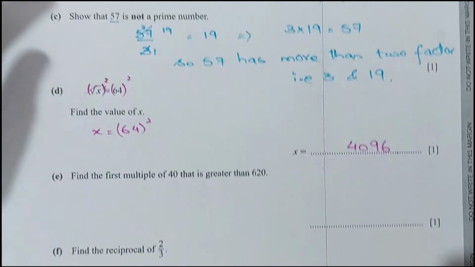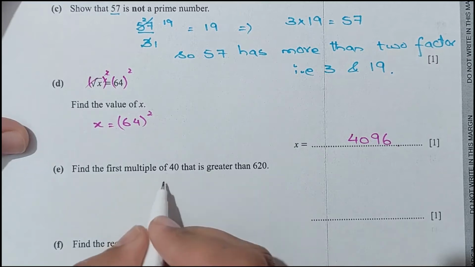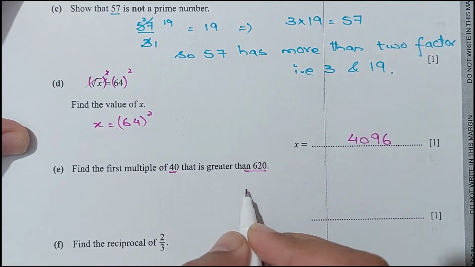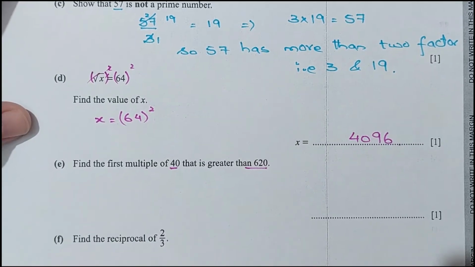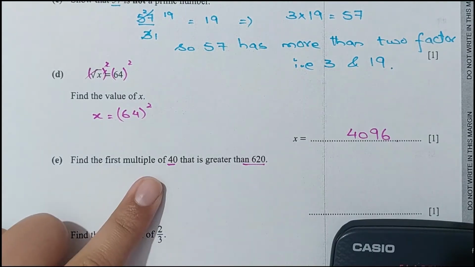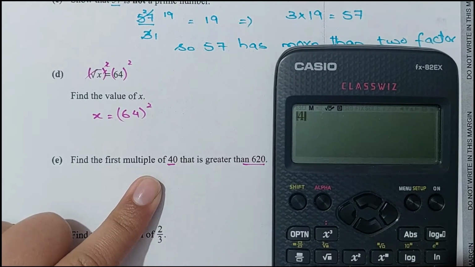Part E, find the first multiple of 40 that is greater than 620. Multiples of 40 are basically the 40 times table. 40 times 10 is 400. 40 times 15 is 600.